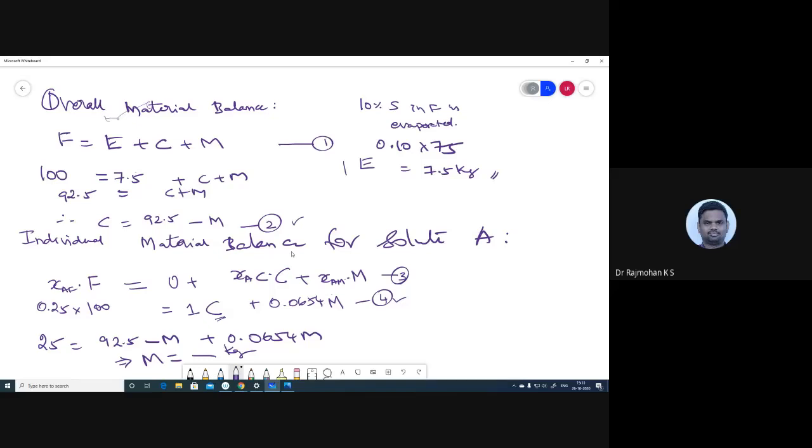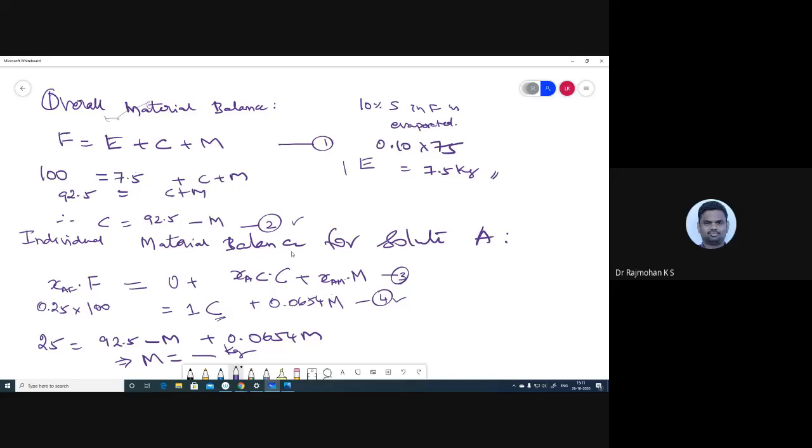So XA is 0.25 into F, 0.25 into 100 is 25. The amount of solute in the evaporator E is 0, so we do not consider that. The crystal is pure, so 100% solute, mass fraction equal to 1. So 1 into C, and here the mass fraction is 0.0654 into M.